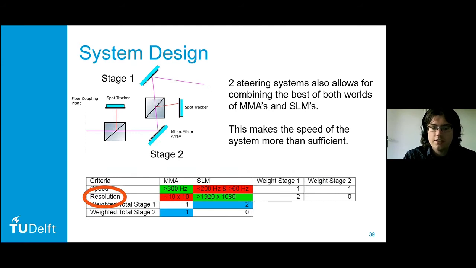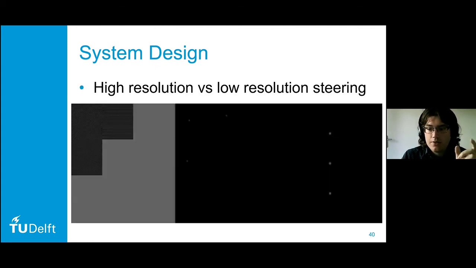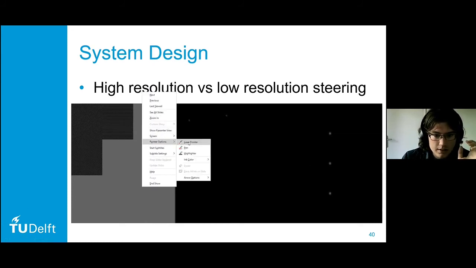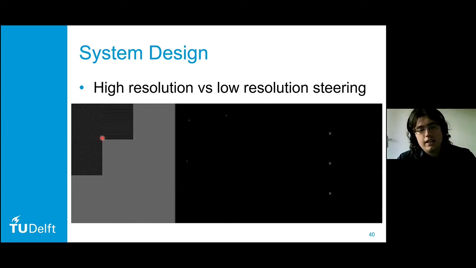What I found was that the resolution of the steering mechanism is really important for the performance. On the left, you can see a quite coarse steering mechanism with 3 mirrors reflecting 3 beams onto 3 different targets.